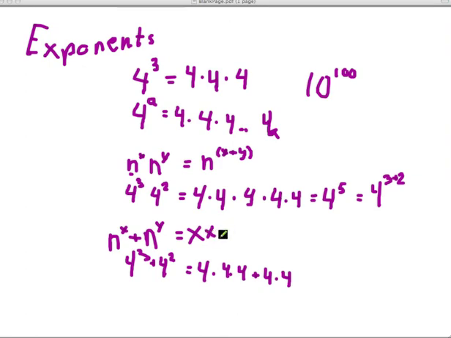So be very, very careful when you have addition to not do something like this. n to the x plus n to the y does absolutely not, never, ever equal, well, I'm sure I could make up an example where they're equal, but it's not n to the x plus y.